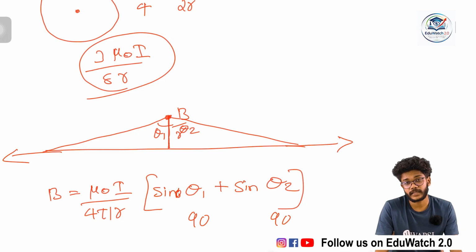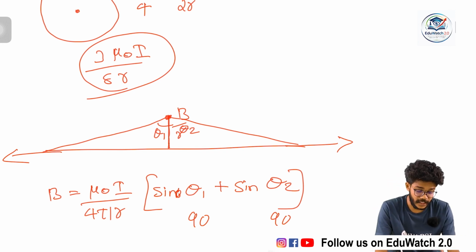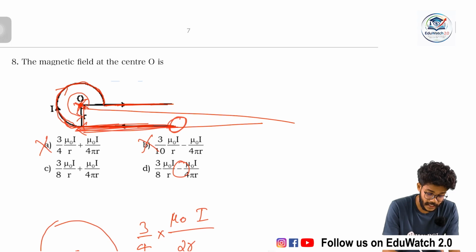So sin 90 plus sin 90 is 2. So 2 into mu 0 I by 4 pi r gives mu 0 I by 2 pi r, the equation for an infinite line. And here this line is coming from infinity, so this angle can be treated as 90, and this line stops at this position.